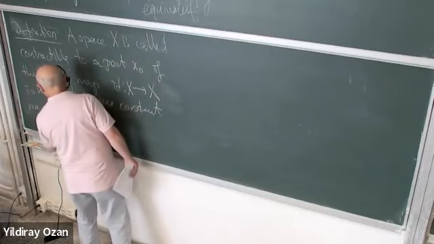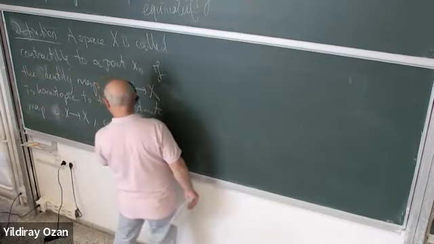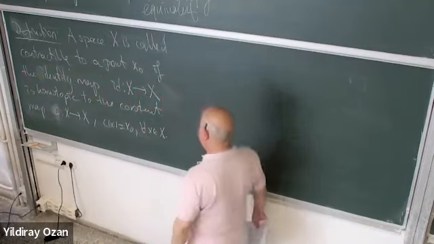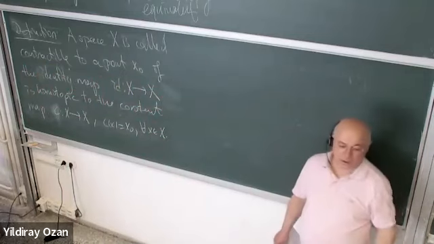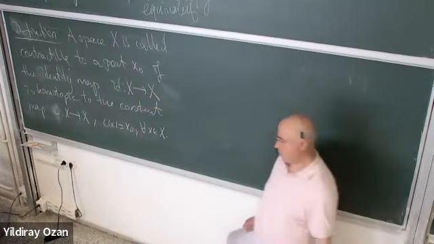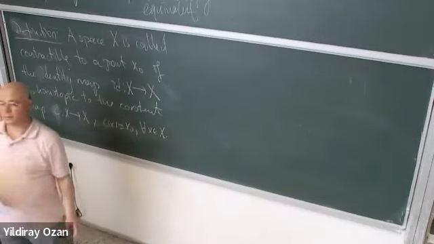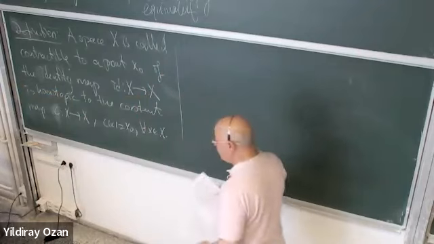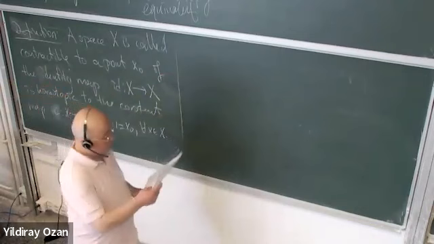Let's call this C, the constant map C(x) = x0 for all x. Constant point homotopic.